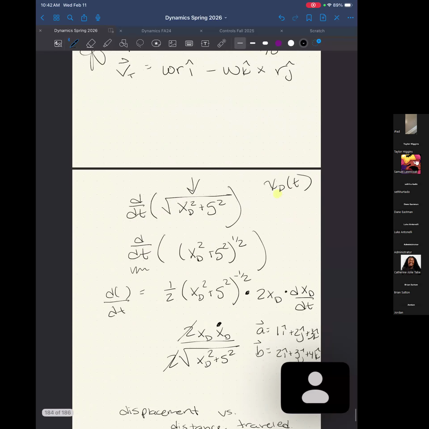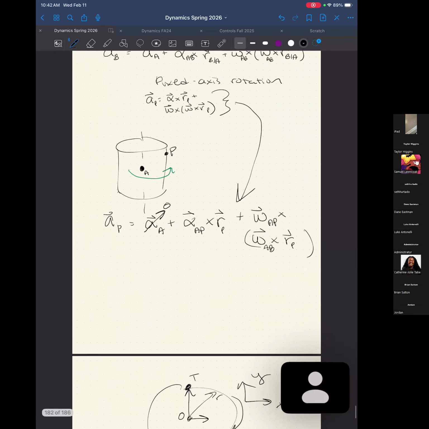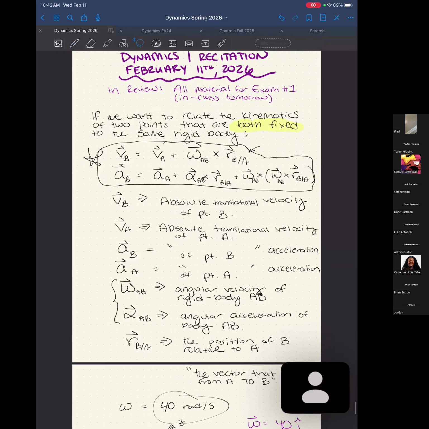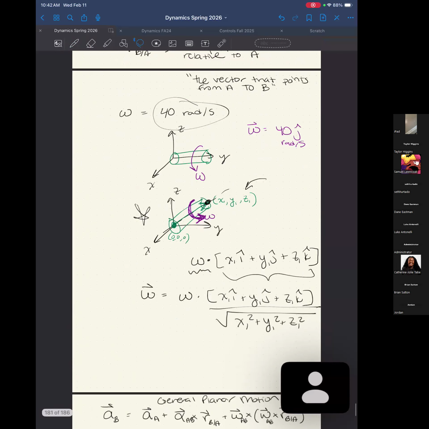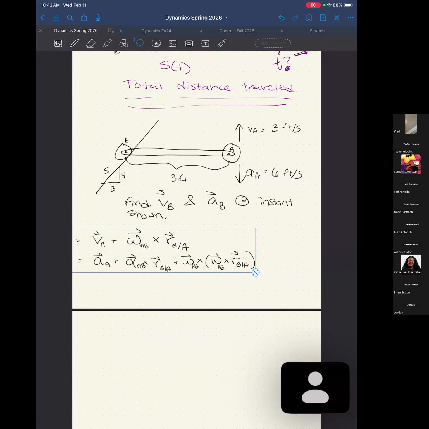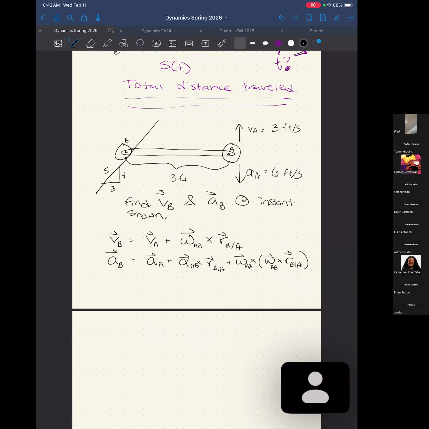So my first thought is to go grab those equations. Let's do velocity.